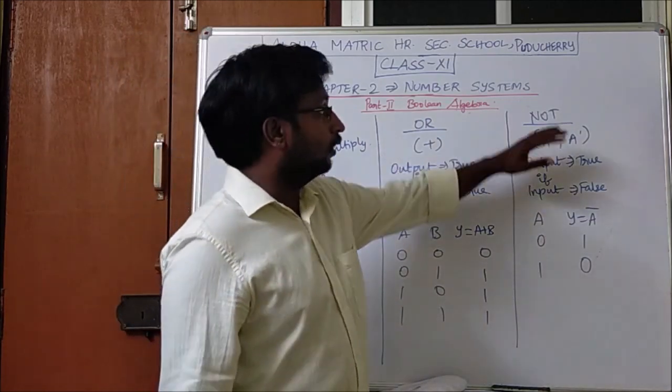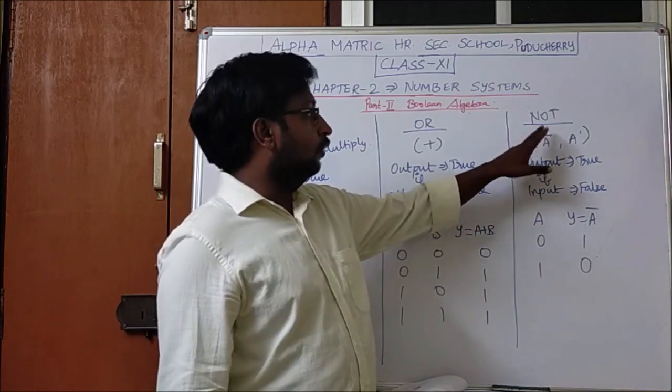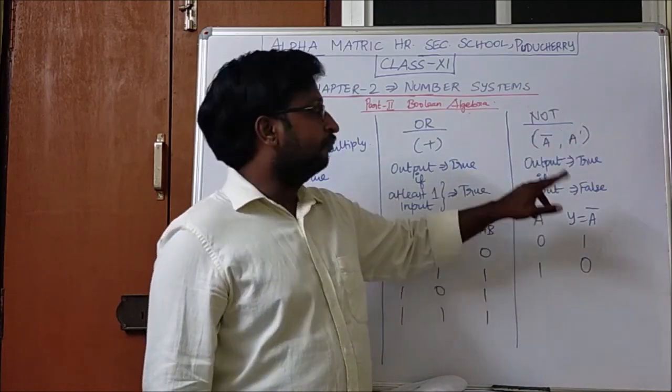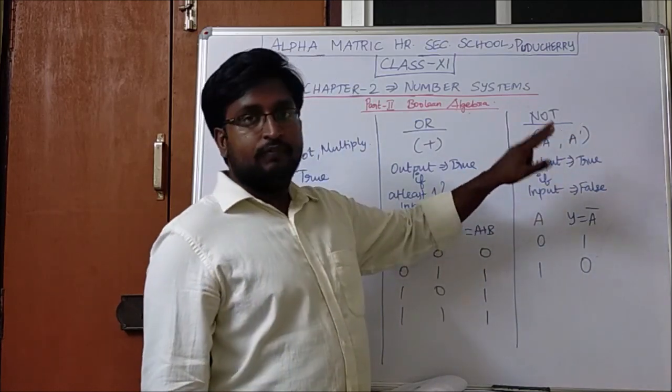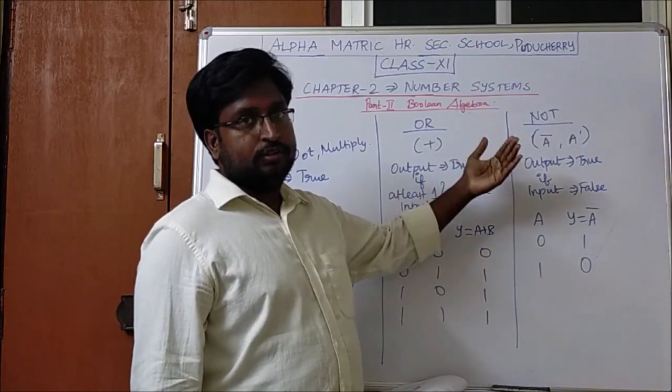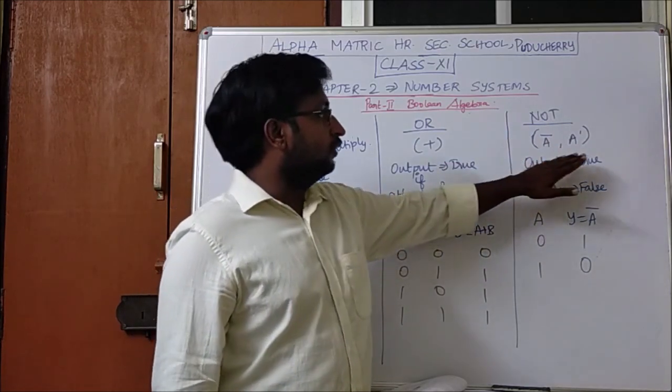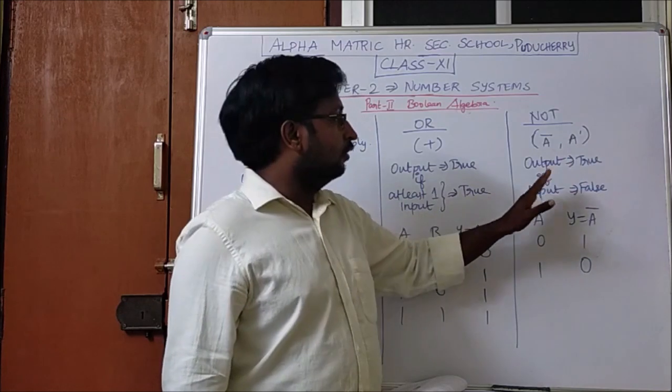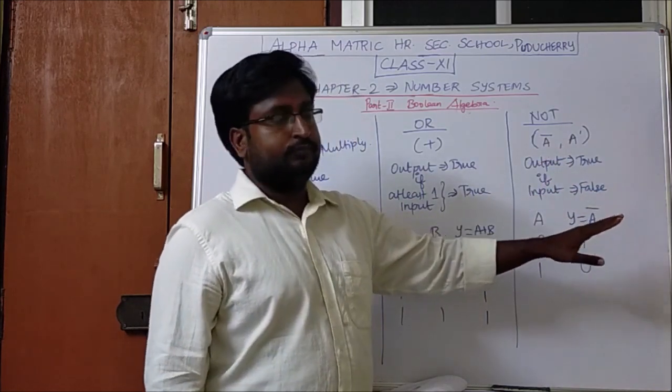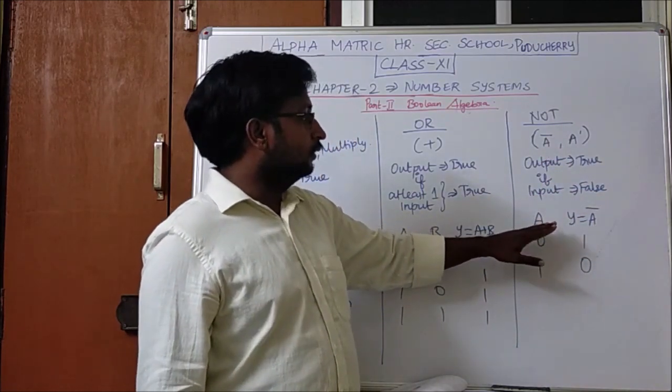And the next one is the NOT. We use an overbar or a single apostrophe. We know that it is an inverter operator, that is the opposite of the input. If the output needs to be true, then obviously the input must be false. Here you see the truth table.